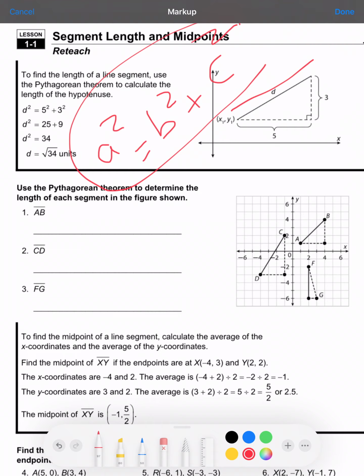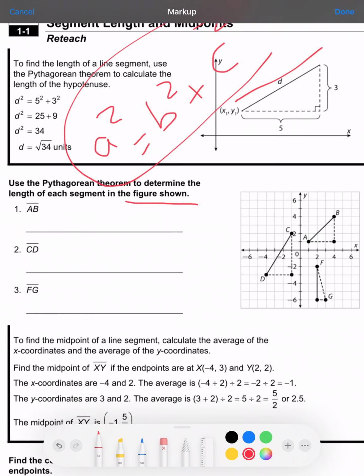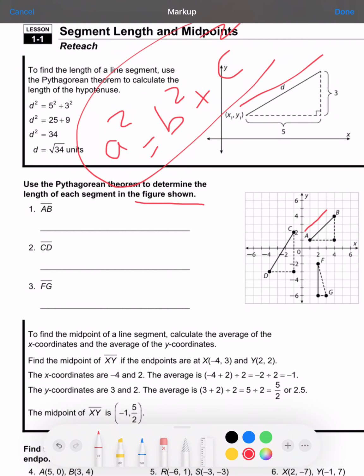Use the Pythagorean theorem to determine the length of each segment in the figure shown. Here he wants AB, the length of the line segment AB. As you can see, AB represents the hypotenuse of this right triangle. So AB squared equals, as you know, the sum of the squares of the two right sides.